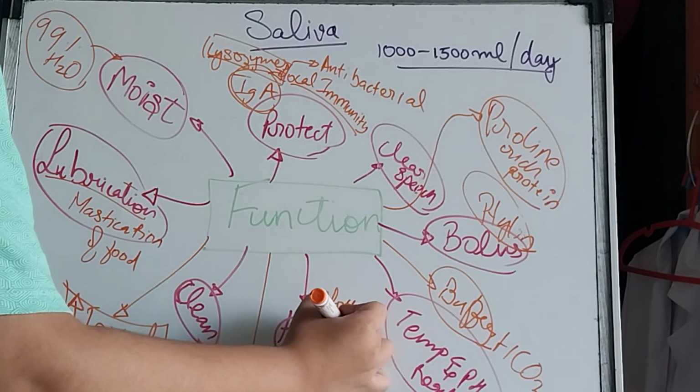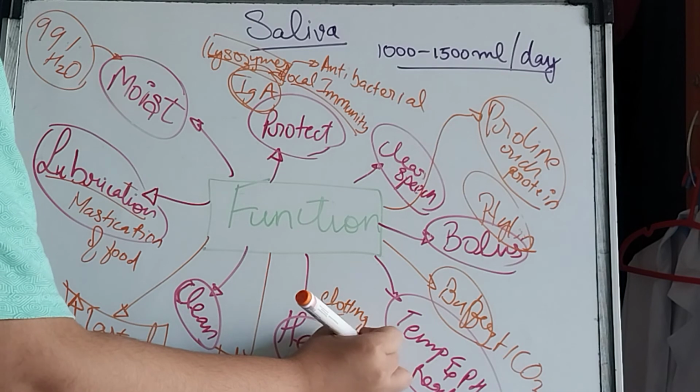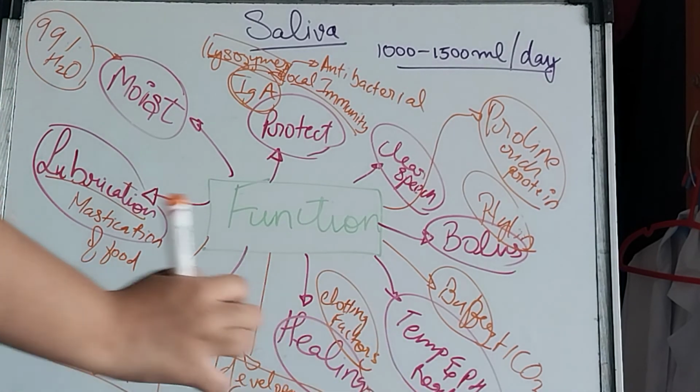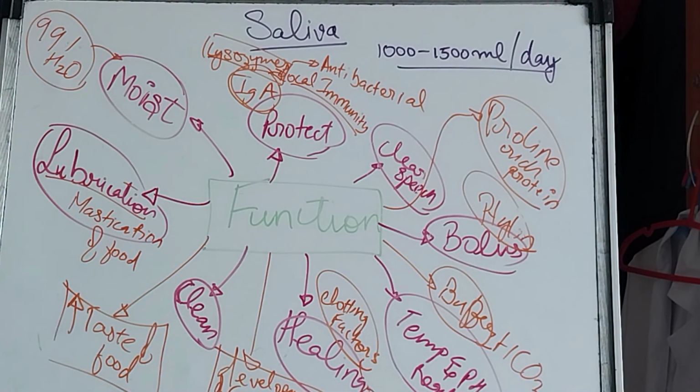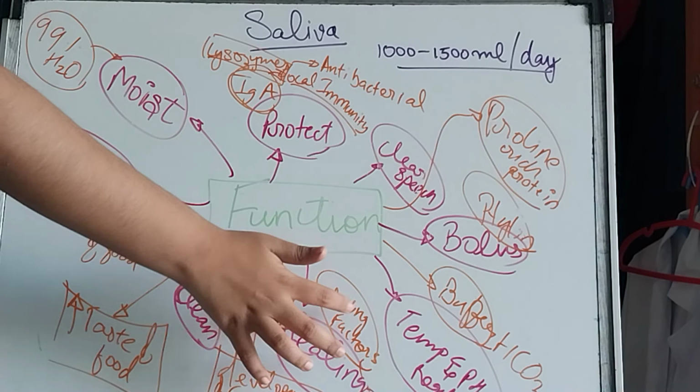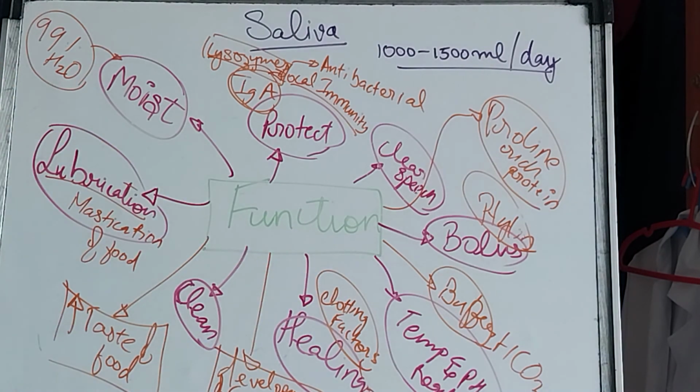Clotting factors help in the healing of any cuts or wounds in the buccal mucosa or in the oral cavity. So saliva increases the rate of wound contraction, and saliva also increases the rate of wound healing. It helps in the formation of blood clot, due to this clotting factor.